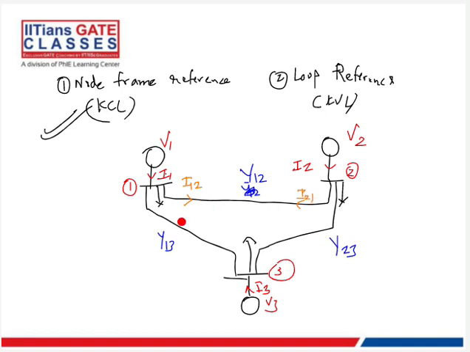Similarly we'll have I13 and I31, and also I32 and I23.